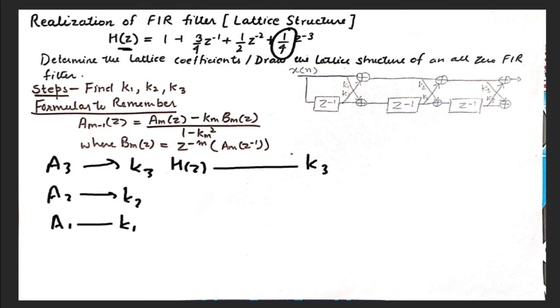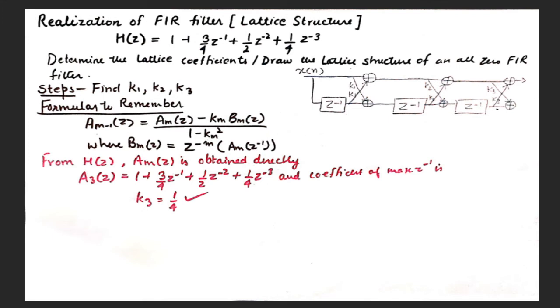And now that you know A3, you can find B3. Alright. So A3 is this, and K3 is the highest power coefficient, which is 1 by 4. So K3 is known, A3 is known, you need to find out B3 now.